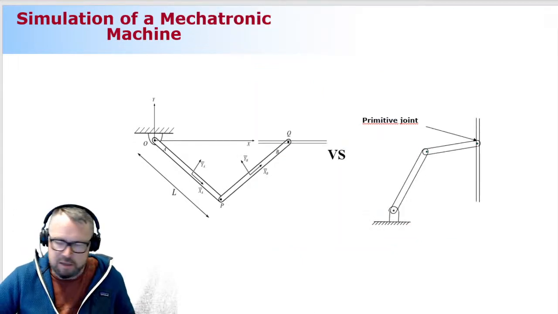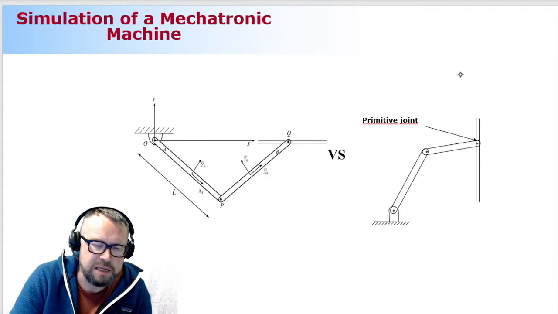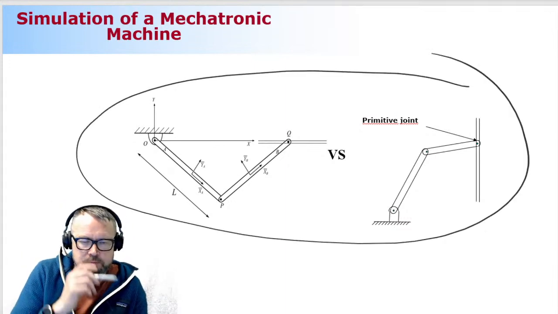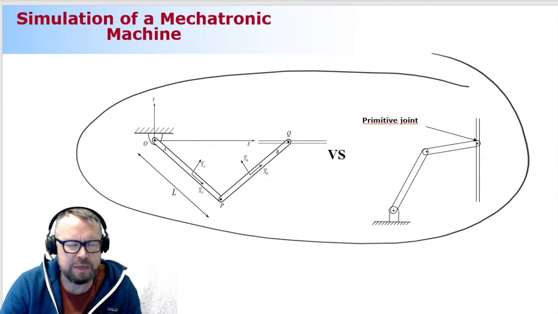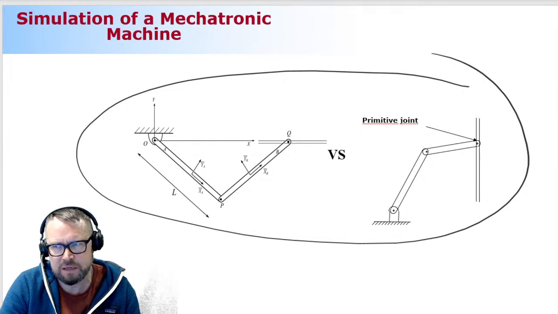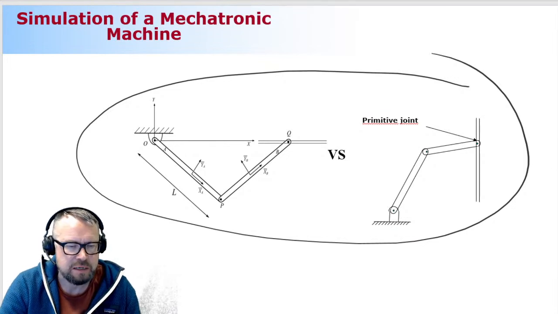All right. First of all, what's the difference between these two configurations? No difference. The only difference, of course, is that the prismatic joint is not in the same direction, but degrees of freedom wise, it makes no difference. So it's not making any difference really.